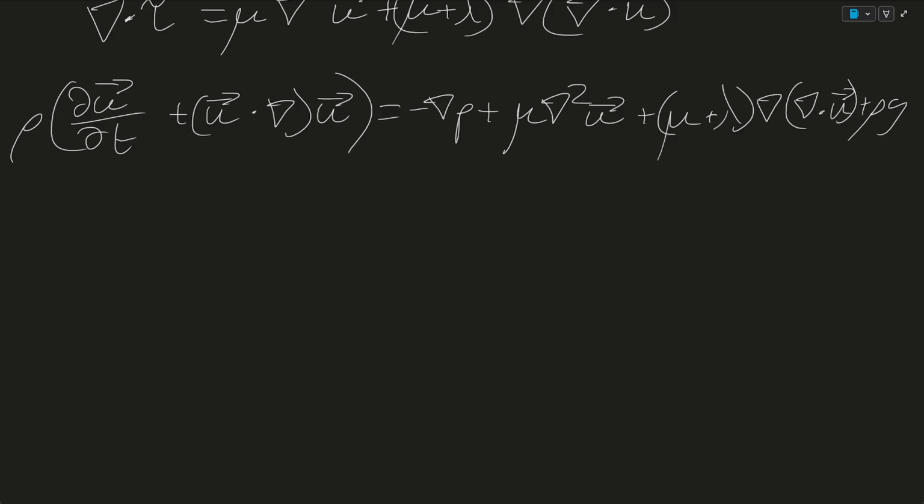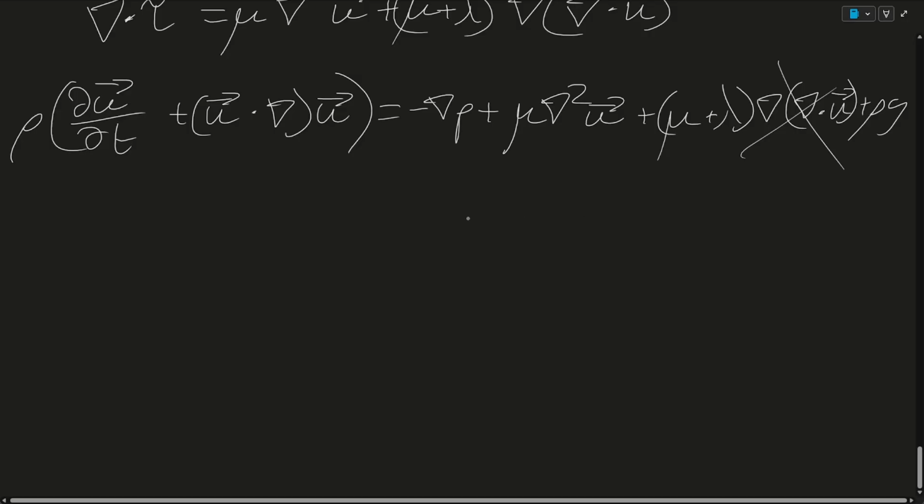And what we end up with is that this term kind of goes away, and then we can divide the rho out of everything else. Oh yeah, and we can just define kinematic viscosity, which is our nu, which I can't really draw, but it's gonna look like a weird V thing. That'll do. Is equal to mu over rho.